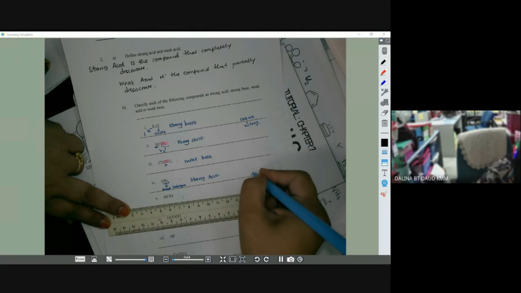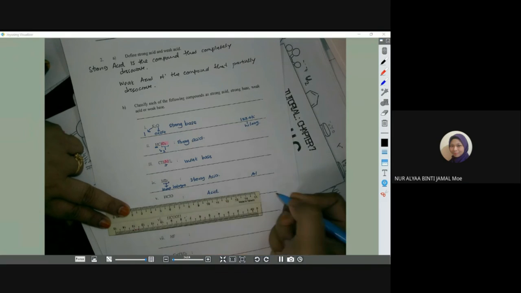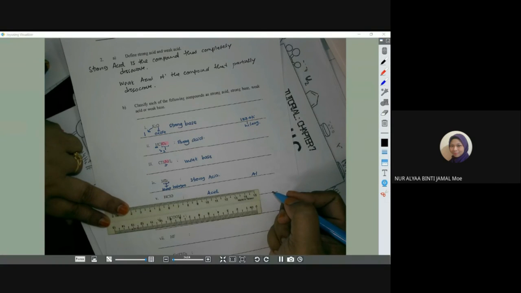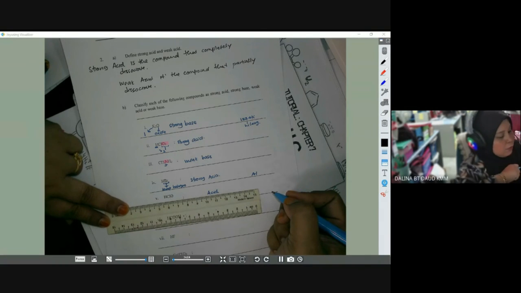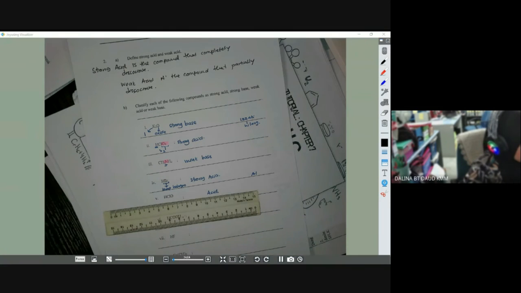Okey, Alia, yang ini? Alia, awak ada kan? Strong acid. Kenapa awak kata dia strong acid? Macam mana awak tahu dia acid? Sebab ada oksigen dengan klorin. Ada oksigen dengan klorin, automatik dia strong acid.